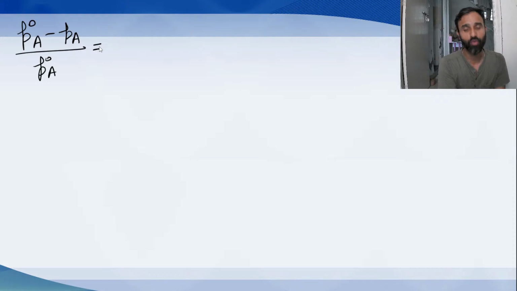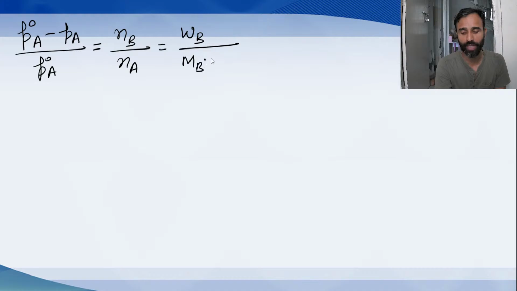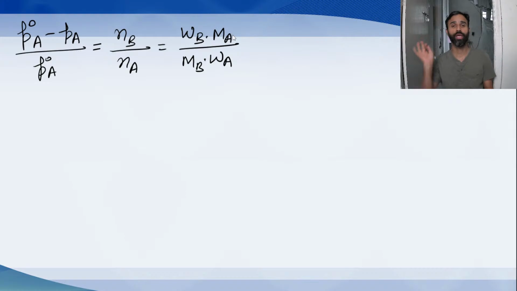So the formula becomes (P naught A minus PA) upon P naught A equal to NB upon NA, means WB by MB, WA into MA. So what do we have? P naught A we have, PA we have.